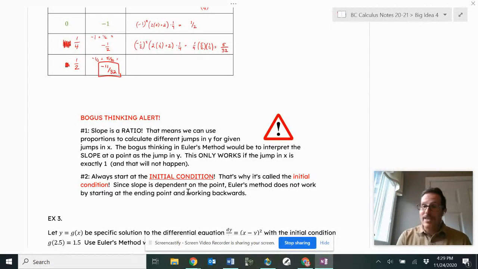Because slope is based on the point. If you start at the end point, the slopes won't work out the same way. This is recursive. You have to start at the beginning to get to the end. So start with the initial condition and work forward, no matter how the problem is stated.